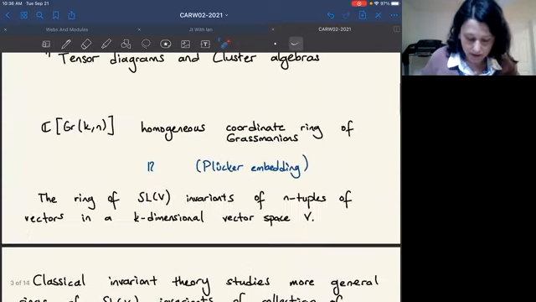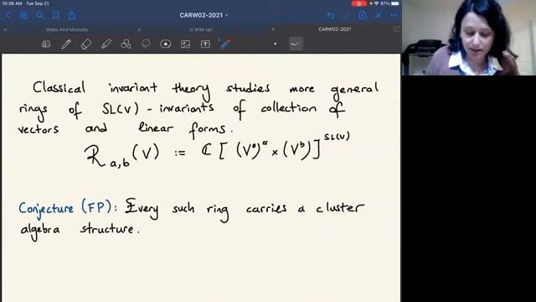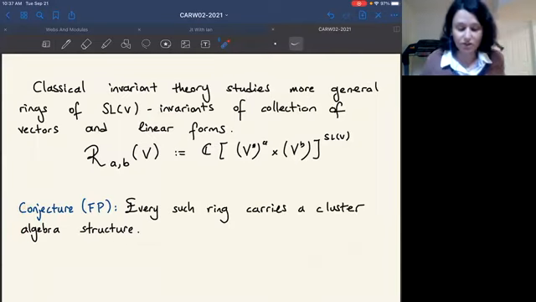Of course, the classical invariant theory studies more general rings. In the paper by Fomin-Pylyavskyy, they look at this ring. It's not just Grassmannians, so their setting is more general. In the paper, they work on three-dimensional vector space, and in that case they show the cluster structure in this ring. They conjecture that every such ring carries a cluster algebra structure.